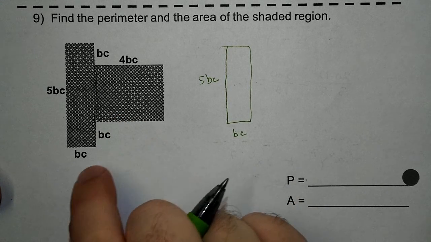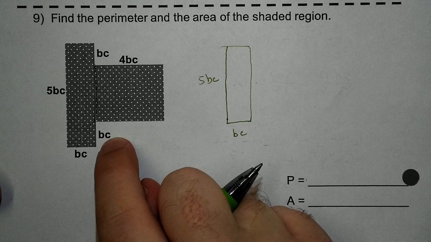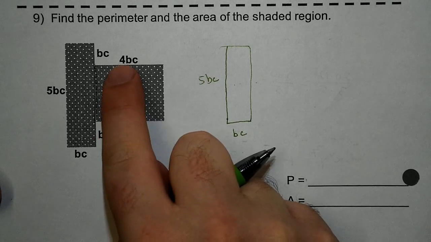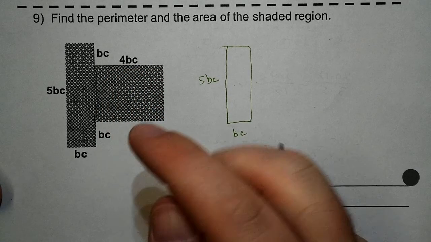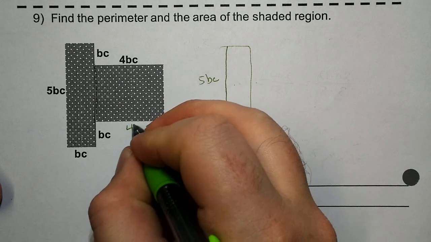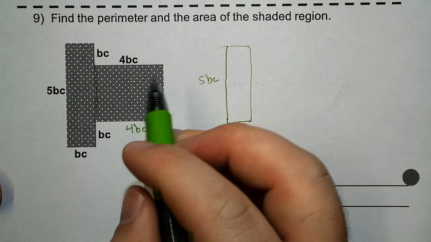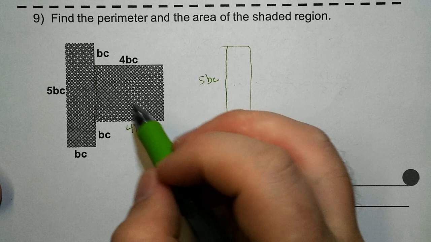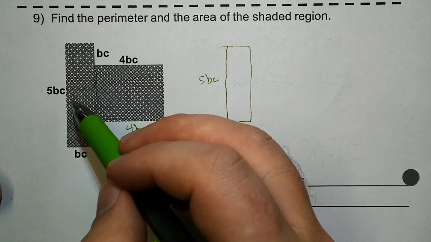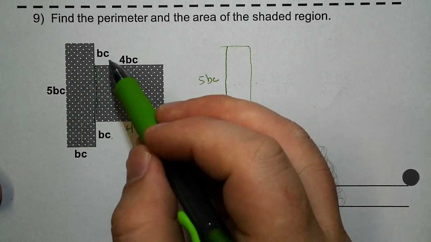Okay, now if this part is 4 B C, then this part is also 4 B C. We're just going to look at it one rectangle at a time. Now, I don't know this edge, but I know this long edge is 5 B C. And we have 1 here and 1 here.